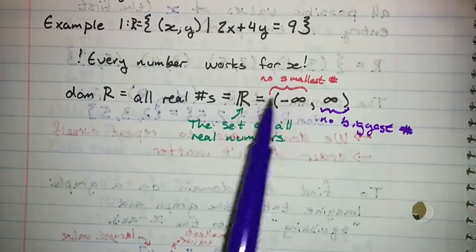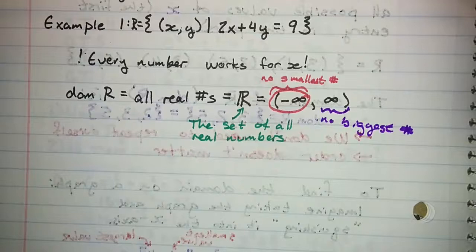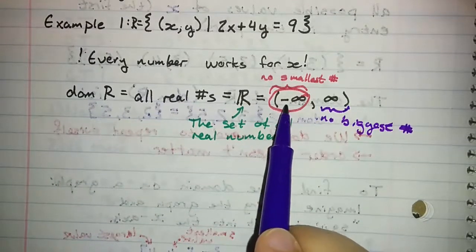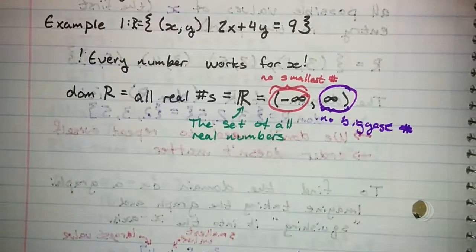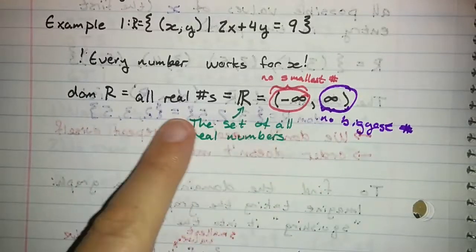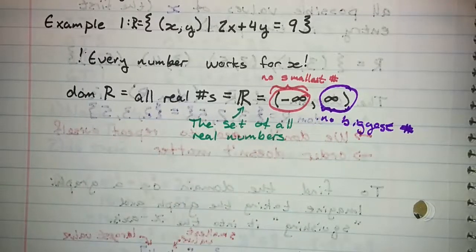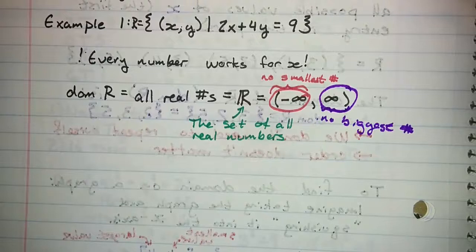So it's easiest if you think of this whole thing as one symbol that just means there's no smallest thing. This whole thing is one symbol that just means there's no biggest thing. Any of these three ways of writing all real numbers is correct.